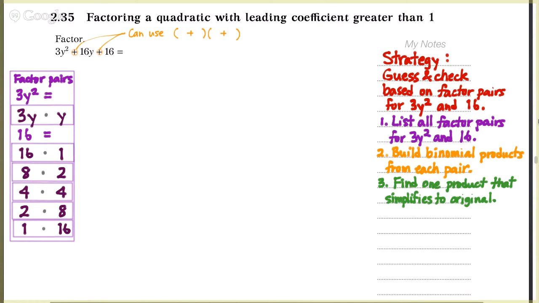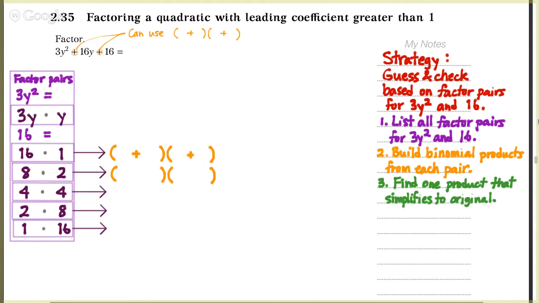So now we've identified all the factor pairs for these two expressions. We need a prototype. What is our factorization going to look like? Because both the constant term and the linear term have plus signs in front of them, I should be looking to factor this expression into a product of binomials, each of which has a plus sign in it. So the first factor will look like something plus something, and the second factor is going to look like something plus something. Those somethings are going to come from the factor pairs that we identified.